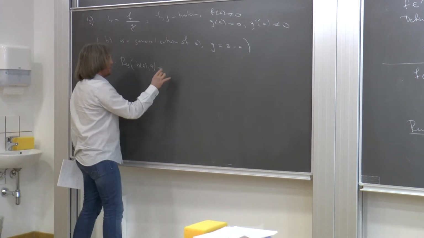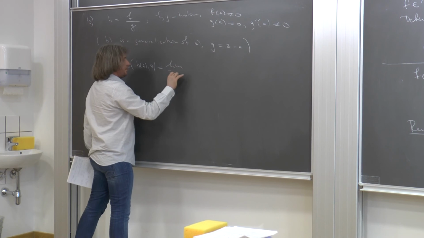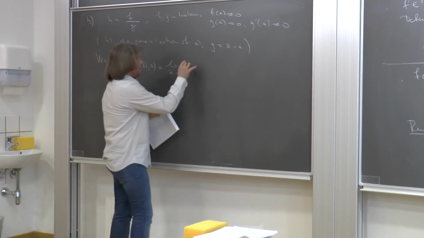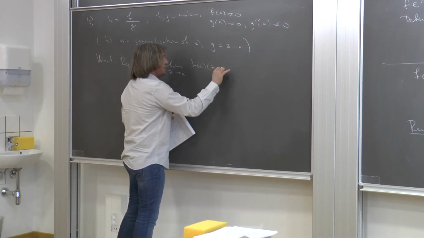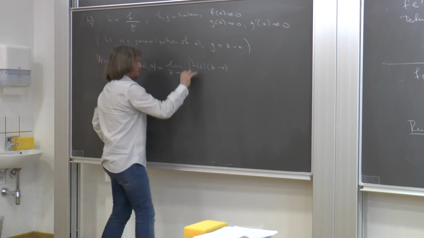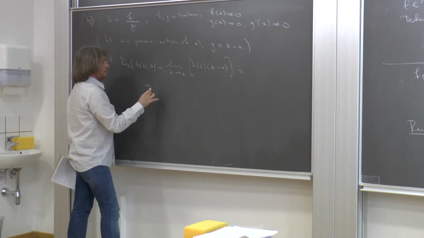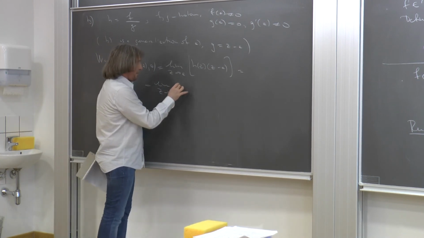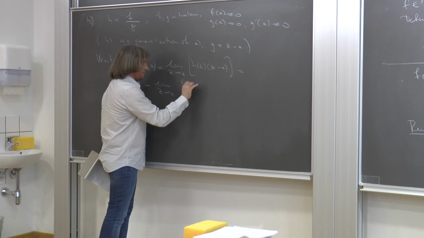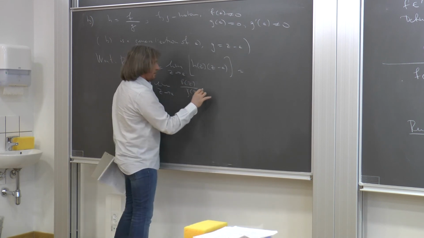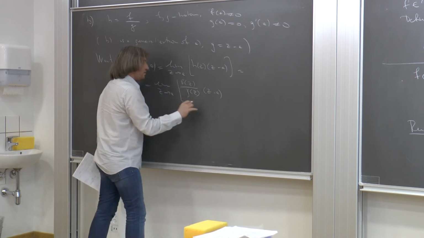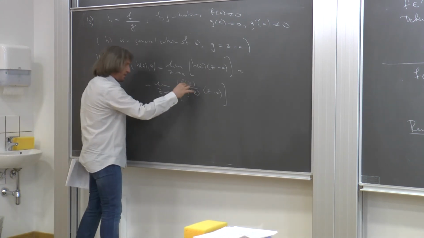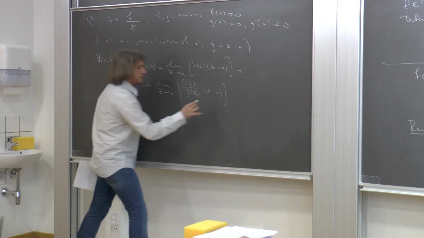So we take the limit as z tends to a of h of z times (z minus a), which is f of z over g of z times (z minus a). Now it's formal operations with limits. This function has a limit at this point, so we can take it out of the bracket.